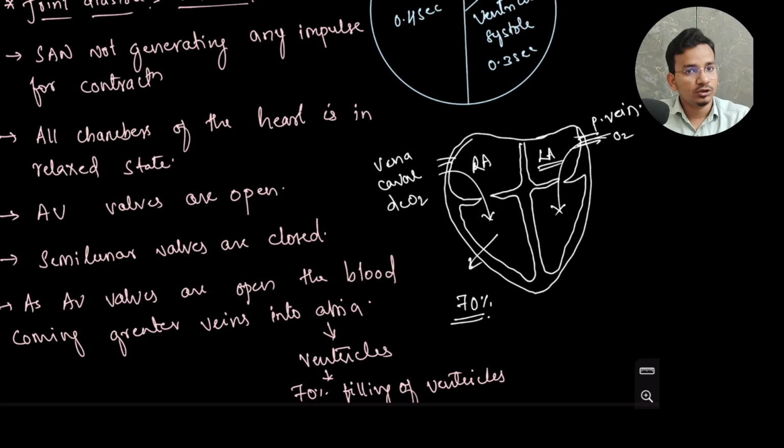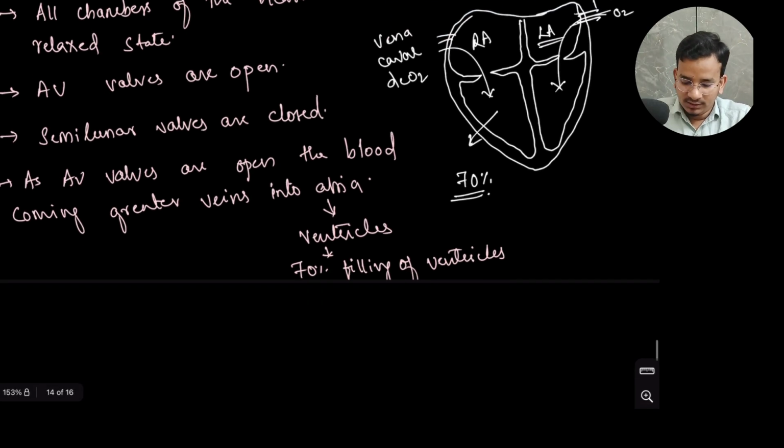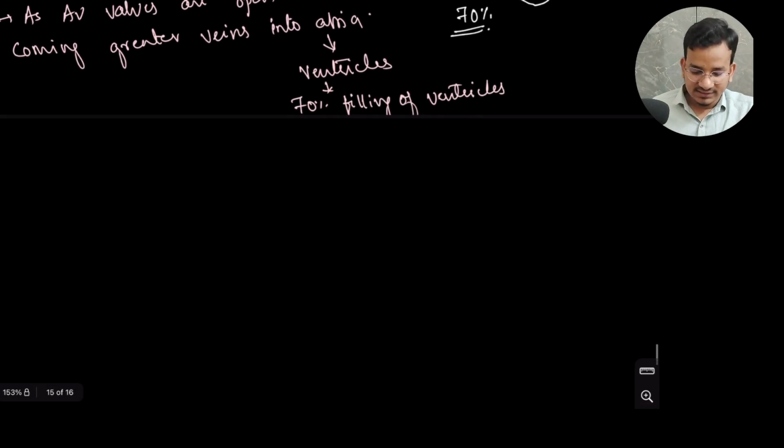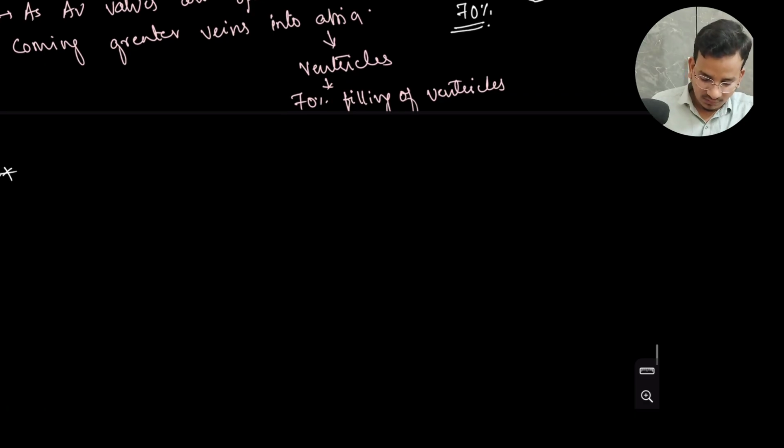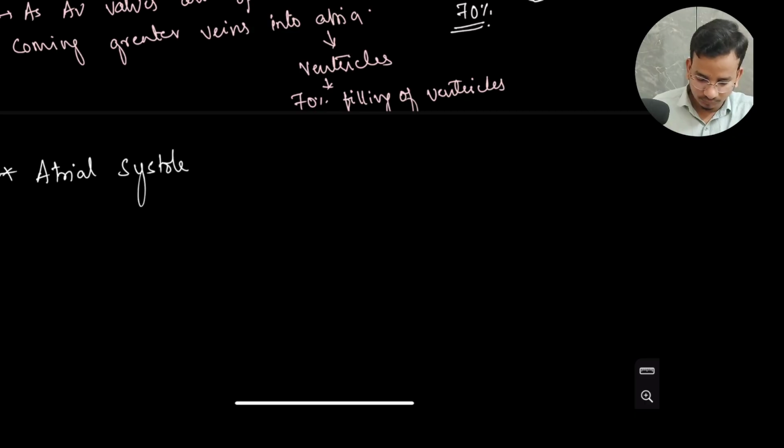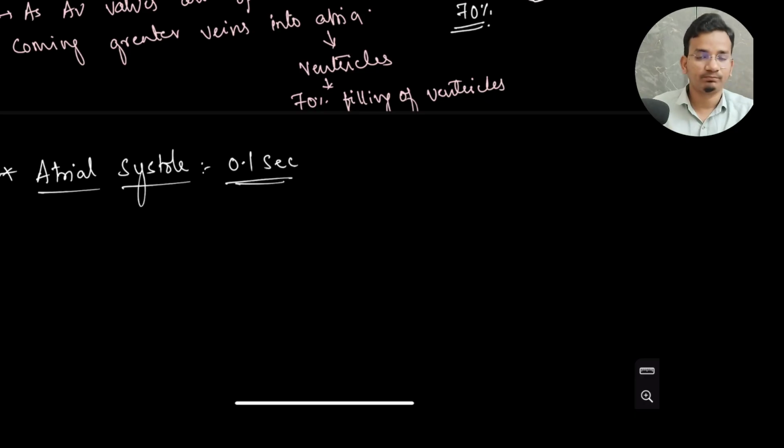Okay, understood? Joint diastole. The next step is the atrial systole. Atrial systole lasts for 0.1 second.